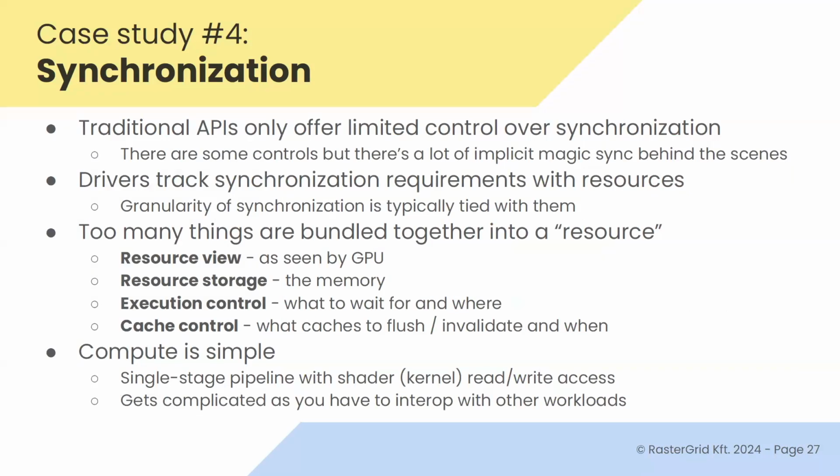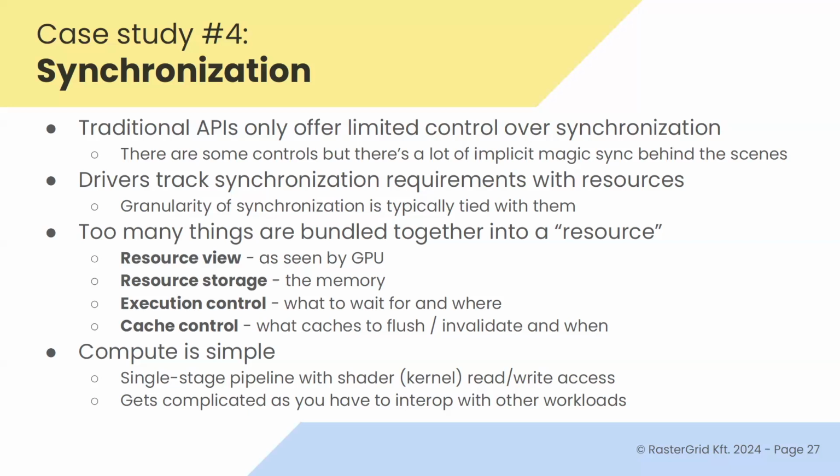So traditional APIs have limited control over synchronization, and practically they hide a lot of things behind what they call a resource or a buffer: the memory backing, the view, the way the GPU is able to access it, and all the execution control and cache control related tracking and the data. This is simple when you think about compute.